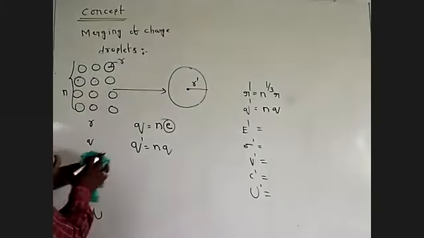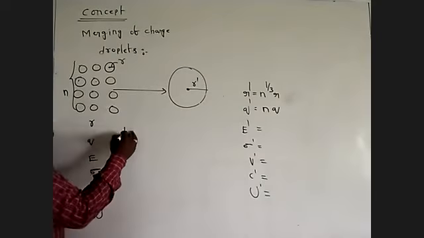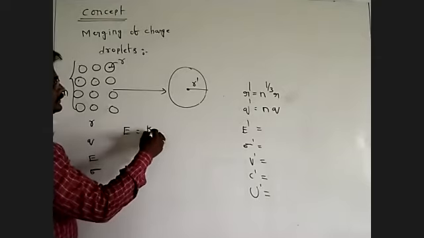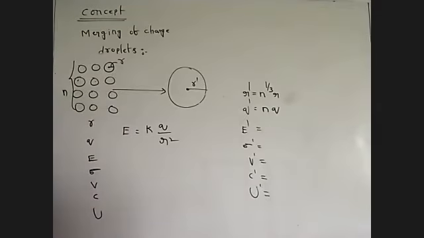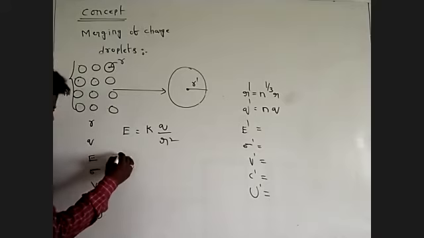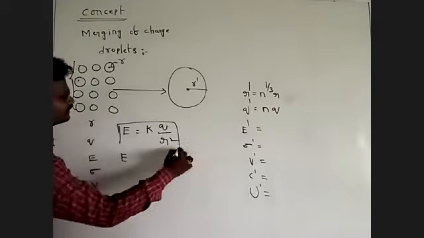Next is the electric field. What is the electric field? Electric field is equal to k q by r square. This is the general formula.